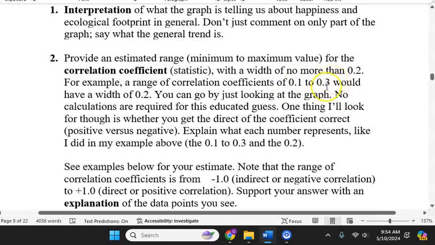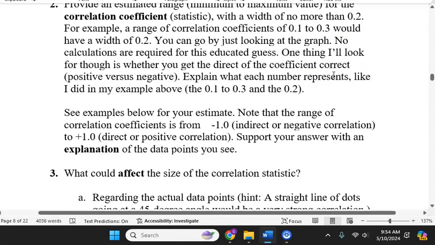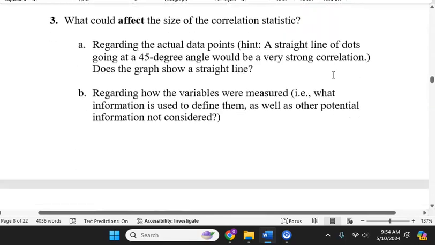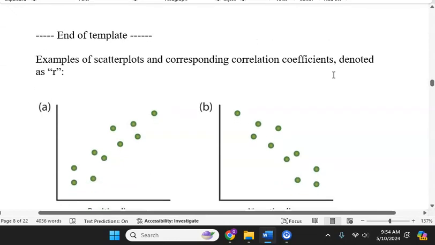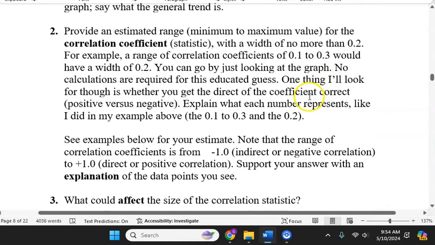Again, 1.0 being the strongest. You can go by just looking at the graph, as I mentioned in my announcement. But if you'd like to calculate that, you are welcome to. I give some more information on that. I have a video on how to do that, getting the raw data and doing that in Excel.